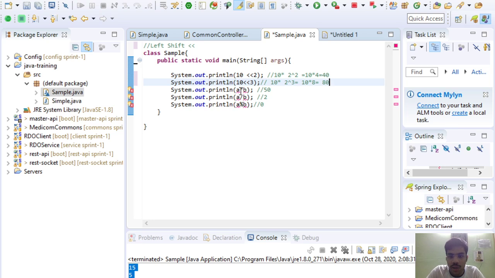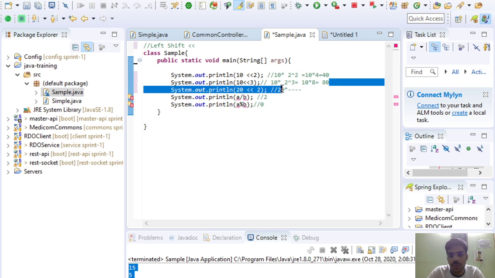Okay, what if I declare 20 here and the shift is not 10 but 2?